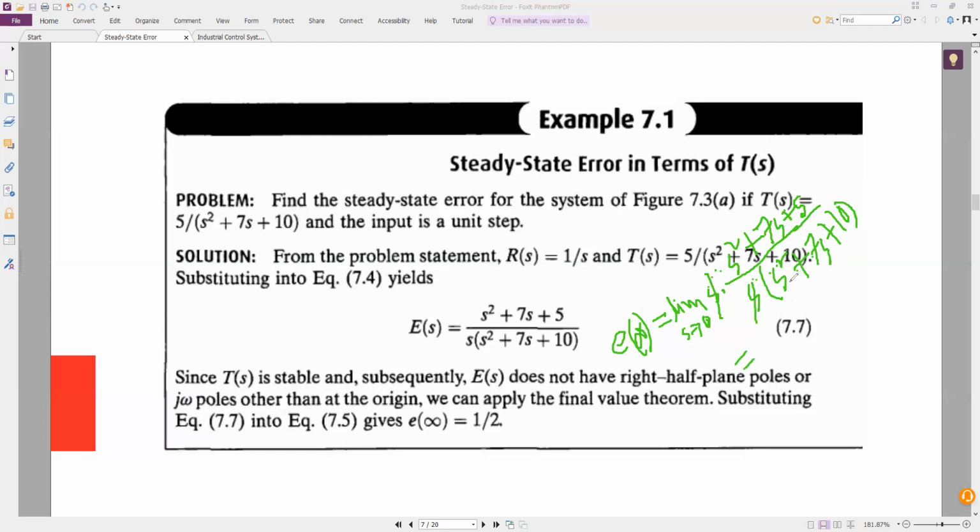If you put the value 0 here, then 10 is there and it is 5 by 10. Then you'll get half. See, e(infinity) becomes half.